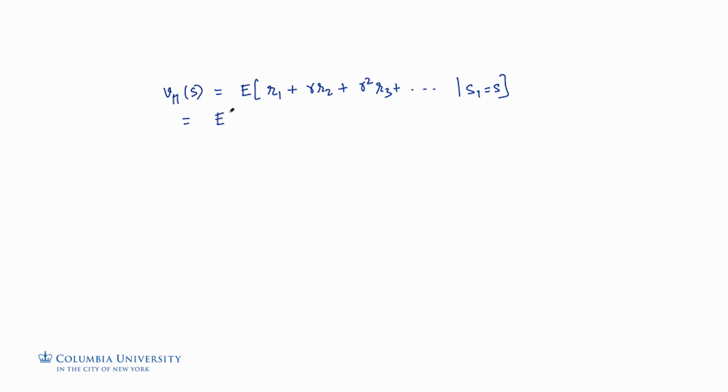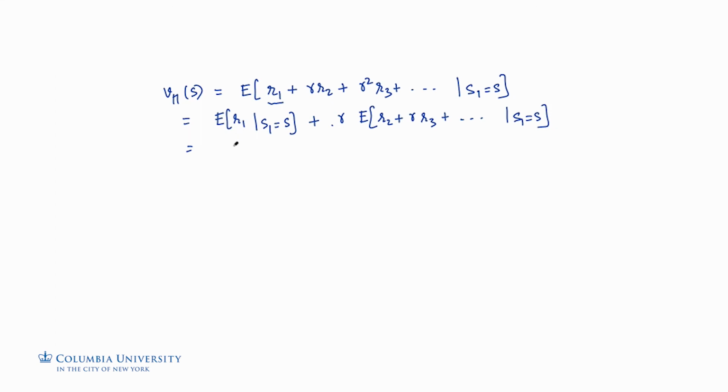The first term just takes the R1 here, that's the expected value of R1 given S1 is S. The second term takes the rest of it, so taking the gamma out, it's R2 plus gamma times R3, and so on, given that S1 is S.